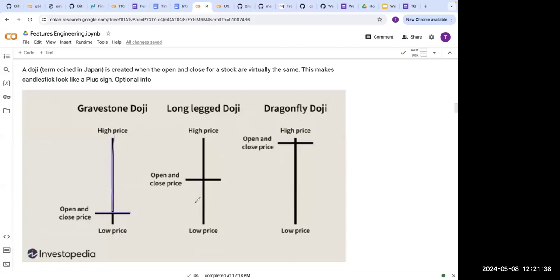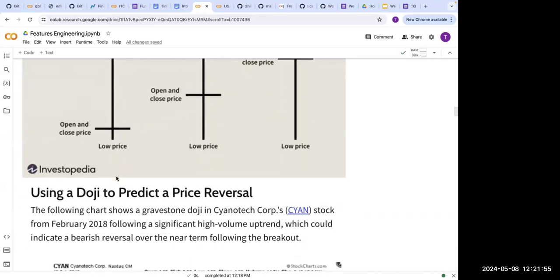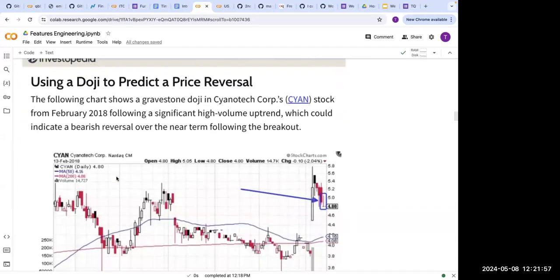This one is almost in the middle, and then here you have a very little high price, but the low price was significantly lower. So that's just terminology, but what matters is the doji itself, the presence of a candlestick which has the same open and close price. So how to use a doji?